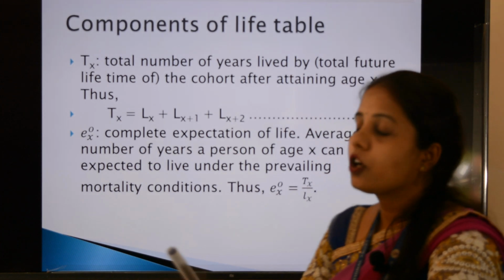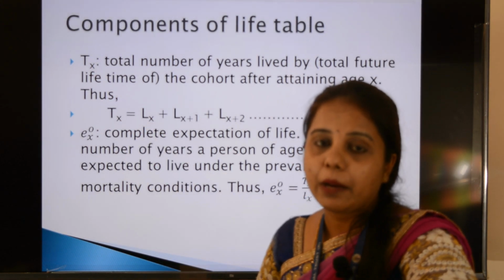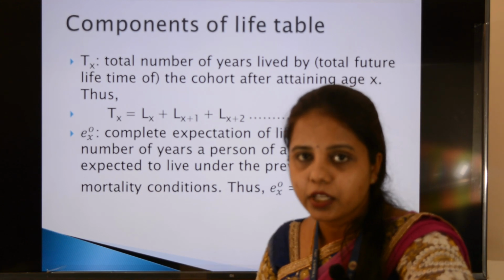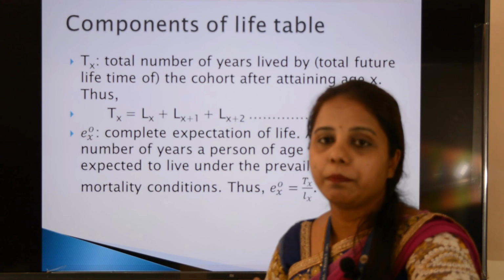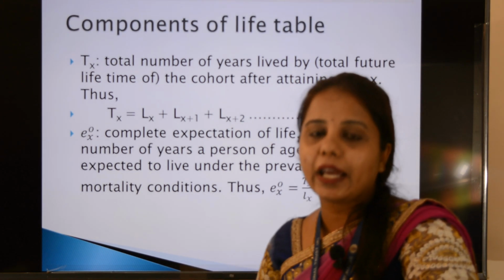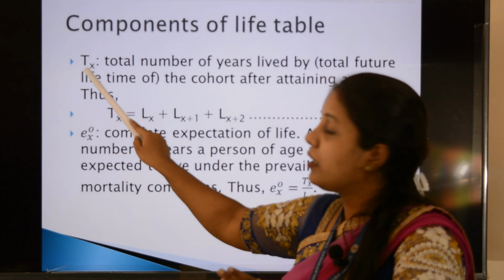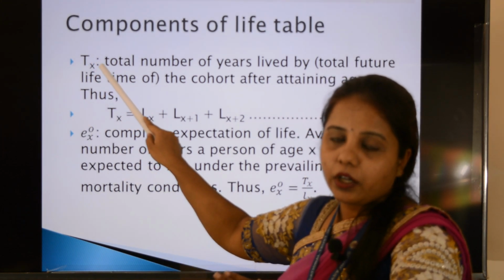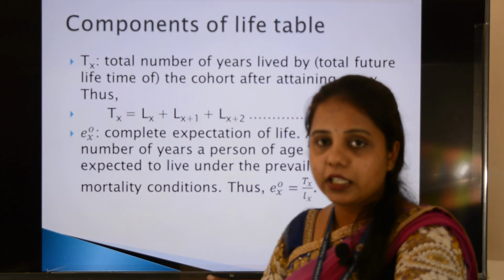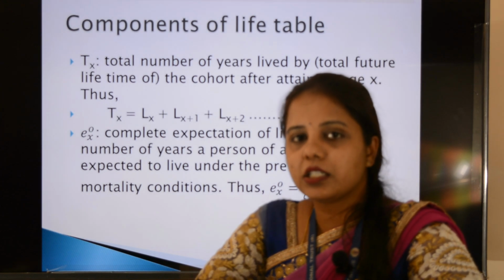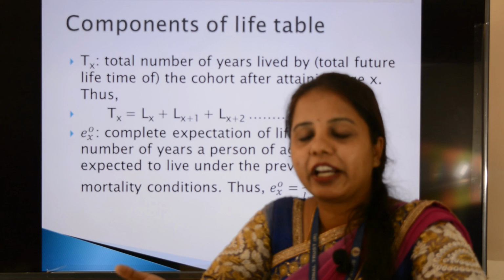The next component is capital letter Tx. Capital letter Tx refers to the total number of years lived by the people who are above the age of x. For example, let us consider T25. T25 means the total number of years lived by the people who are above the age of 25.